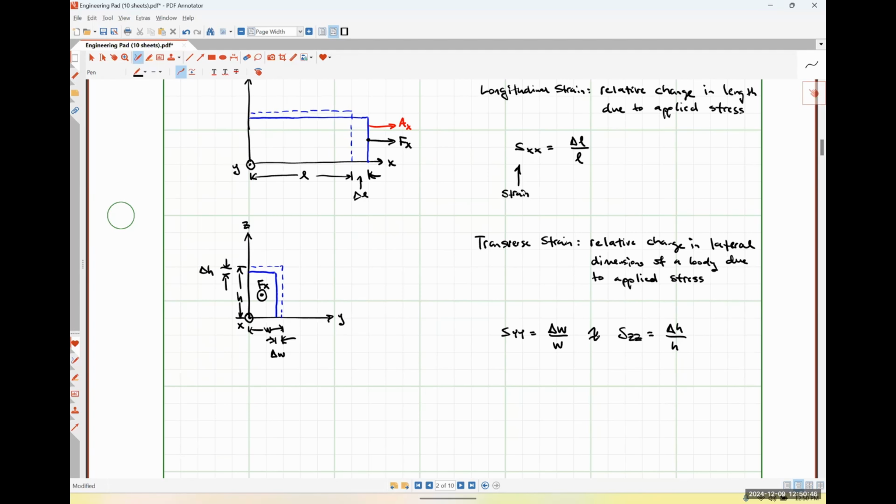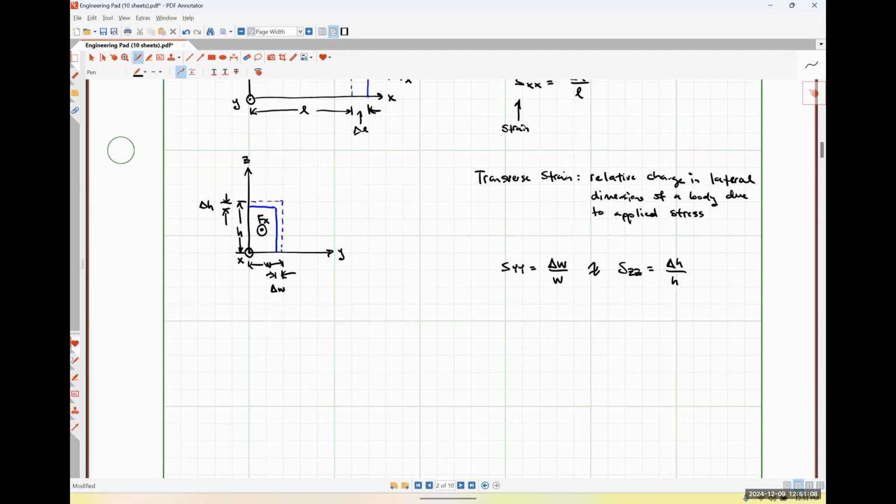So the only thing that we can really do is effectively change the volume. So if L gets longer, W and H have to get smaller in order to try to maintain a constant volume for our system. And this relationship is described mathematically by Poisson's ratio, okay?